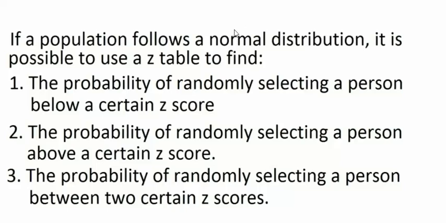We know that IQ scores have a normal distribution or a bell-shaped curve, and we know that the mean is 100 and the standard deviation is 15. We know those two things. So since we know the mean, the standard deviation, and that it's a normal distribution, we can actually calculate all three of these in that real-life situation.